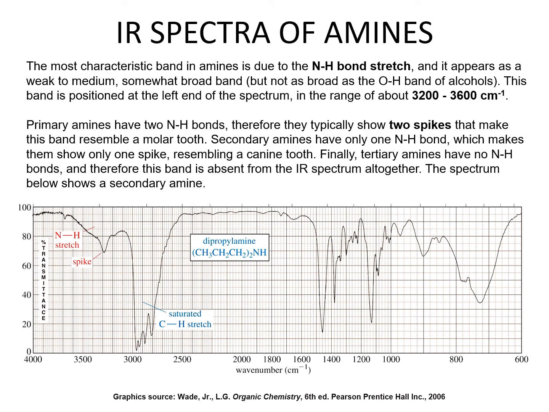Amines. Amines are other organic compounds with many industrial applications, and amines are derivatives of ammonia, where one of the hydrogens is replaced by an R group. In this case, they can be primary, which means only one hydrogen atom is replaced by an R group.